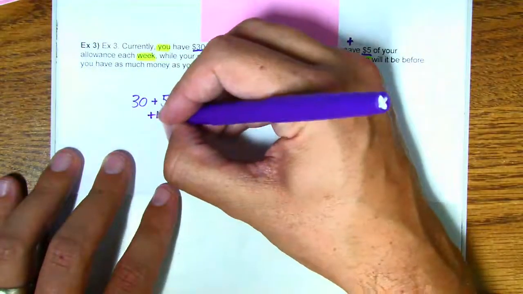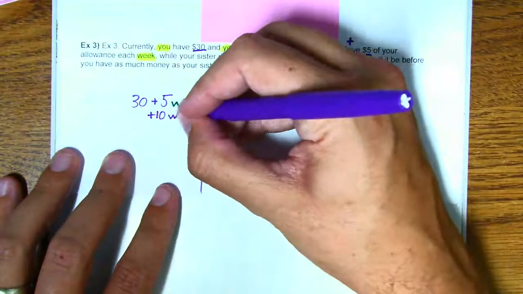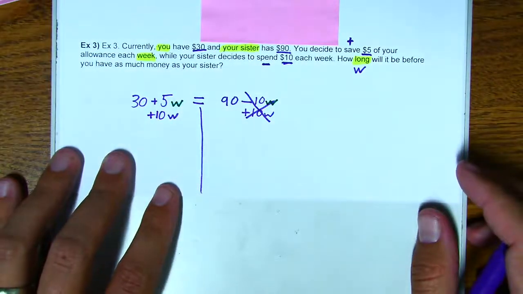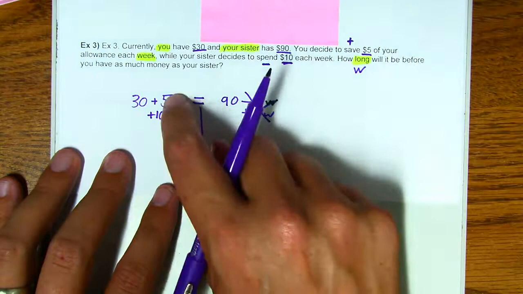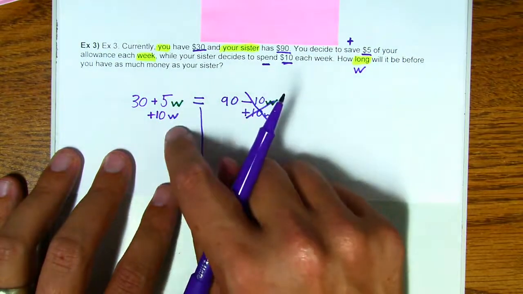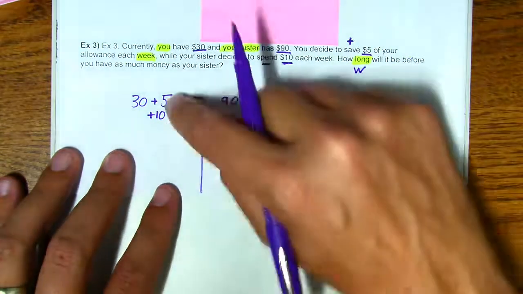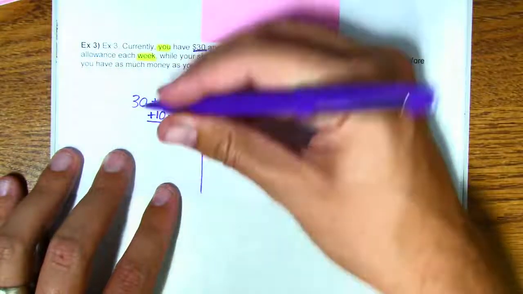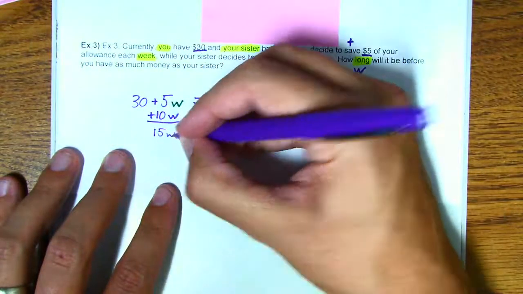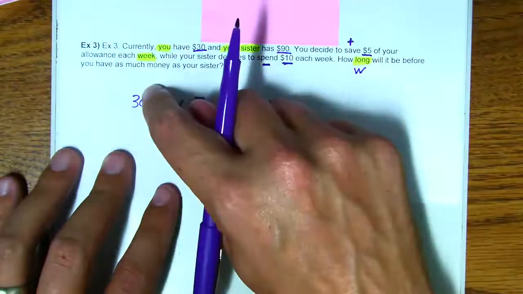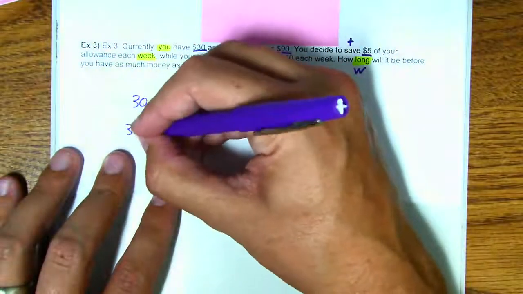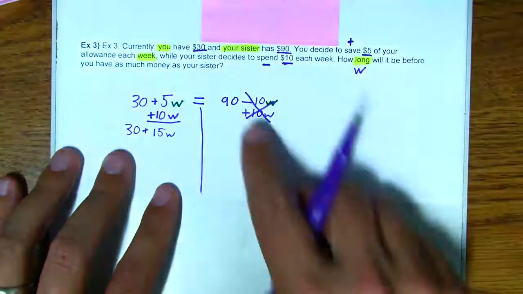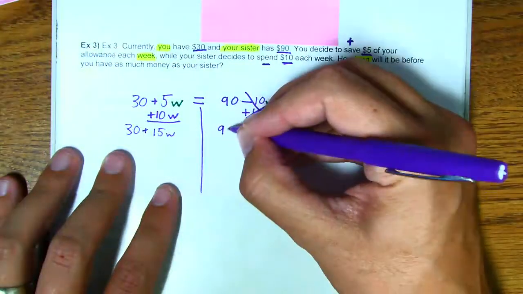So 5W plus 10W, how many total W's do I have? I add up the numbers in front and keep the W. This gets me 15W. I didn't touch 30, so I dropped that down. I didn't touch 90 over here, so I'm going to drop that down as well.